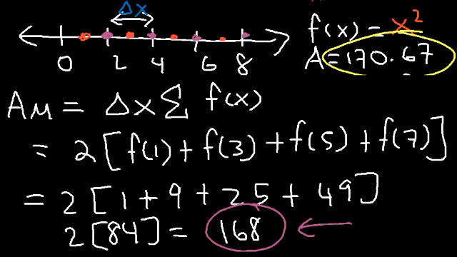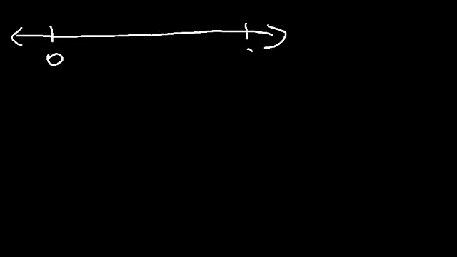Now the next thing we're going to talk about is the trapezoidal rule. So we're going to use the same number line from 0 to 8. Notice that for the left Riemann sum, the right Riemann sum, and the midpoint rule, we use 4 of the 5 points that we see here.